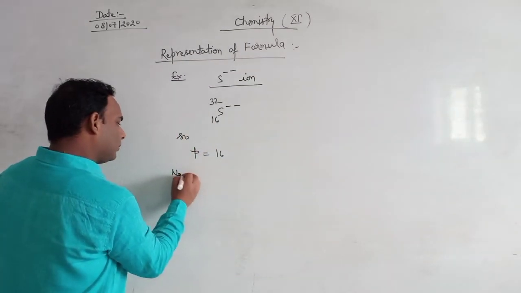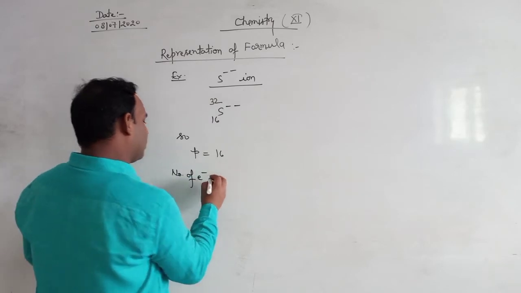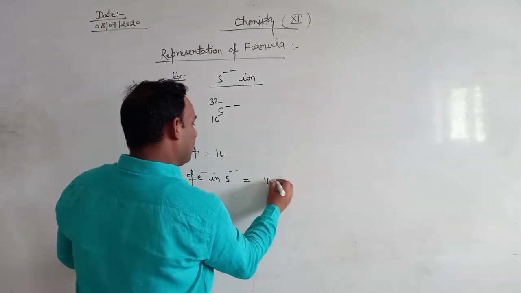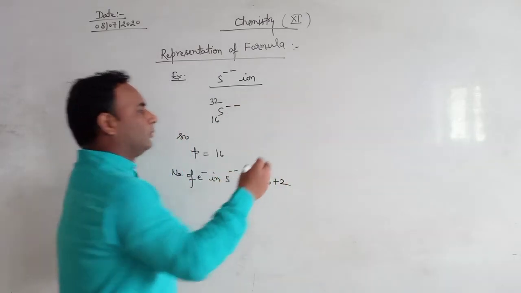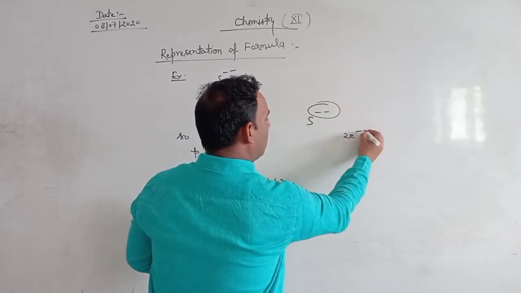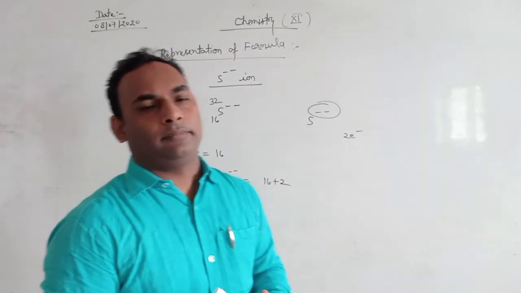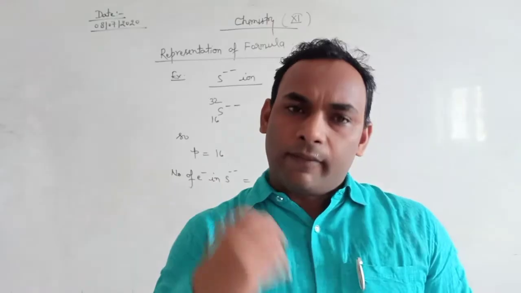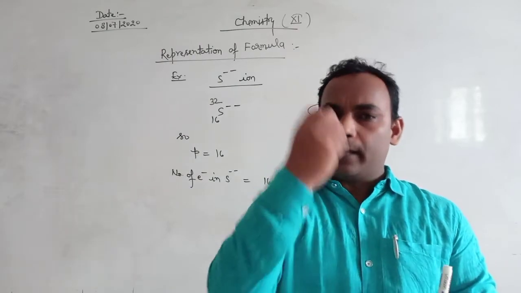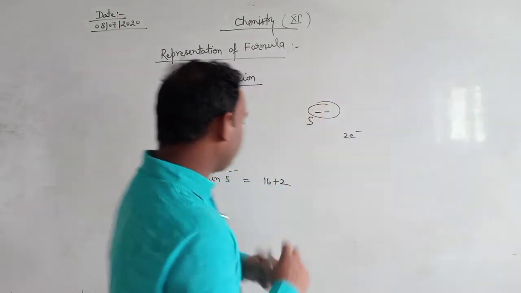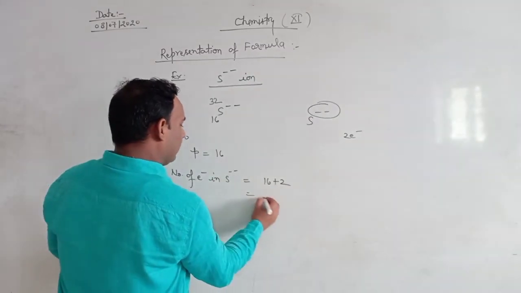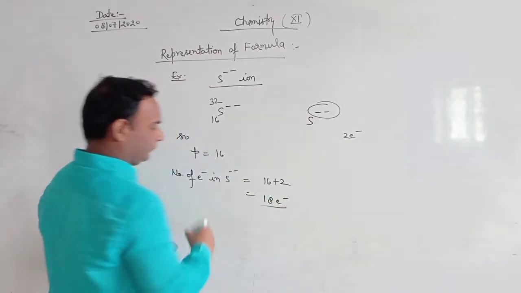Number of electrons in S minus minus equals 16 plus 2. 2 negative means 2 extra electrons are present, because we know very well anions are formed by gaining electrons. Okay, so sulfur gains 2 electrons, that's why it contains 18 electrons.